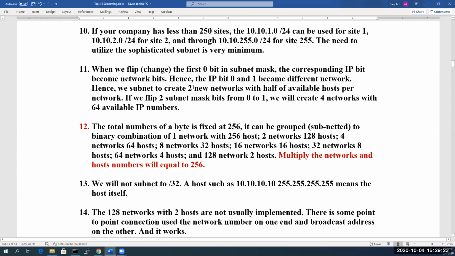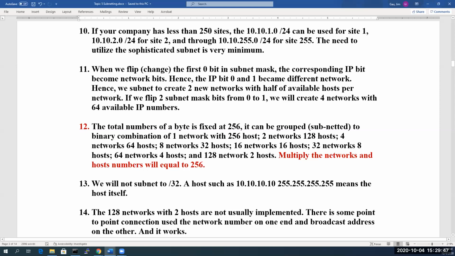So if we flip the first bit in a subnet mask, and we just did class C. Class B and class A are the same way, and we will deal with that later. So no matter what, for that byte, the first bit in the subnet mask, if we flip it, I mean, we change it from either 0 to 1 or 1 to 0, the other way around.